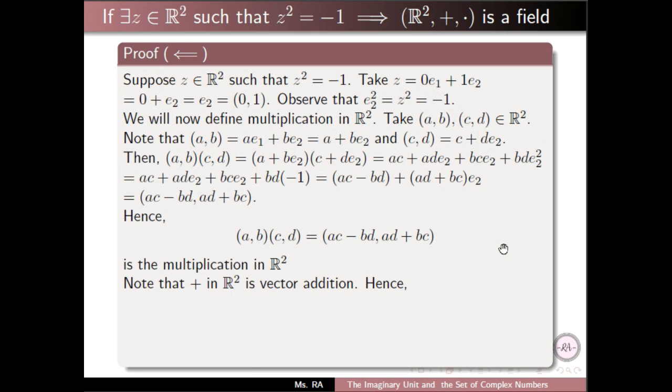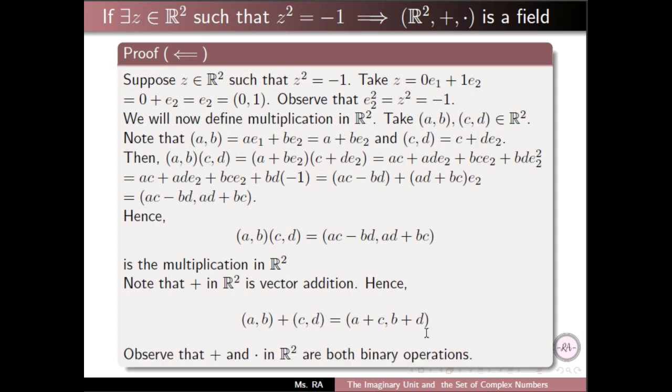For vector addition, this is just the component-wise addition. We just add both the first component, A plus C, and then the second component, B plus D. Note that both are binary operations. So we have (A, B) and (C, D), which are elements of R2, and then the product is also an element of R2.